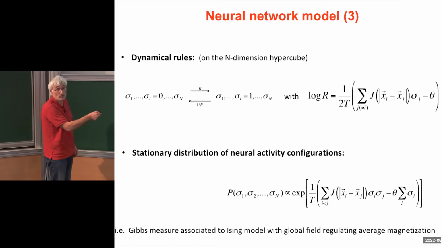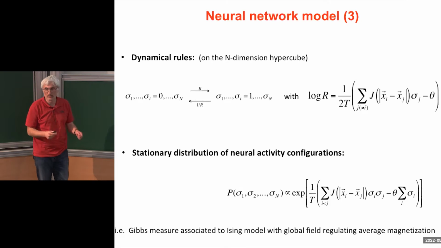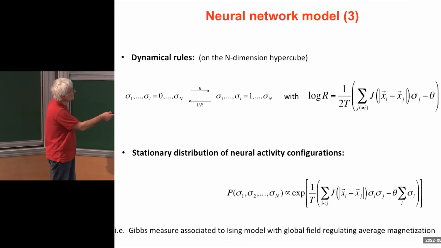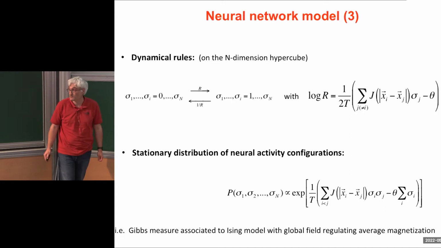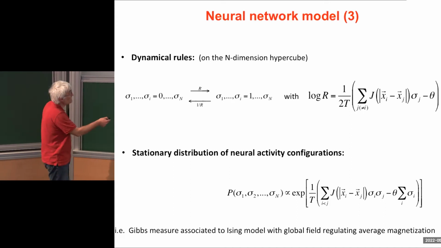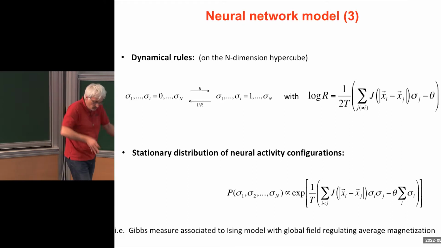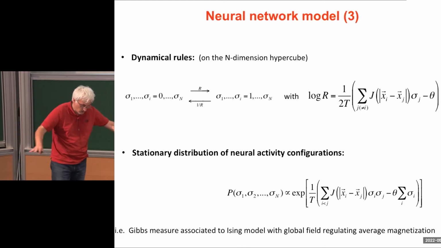And so this is just the Gibbs equilibrium measure of a kind of Ising model where the interaction between neuron i and j depends on the distance between the centers of the place fields. Okay? And the threshold gives rise to a term which corresponds to a magnetic field. So you have positive interactions here, which favor a ferromagnetic phase. They are short range if you want, and you have here a negative field which is trying to push down the whole activity.